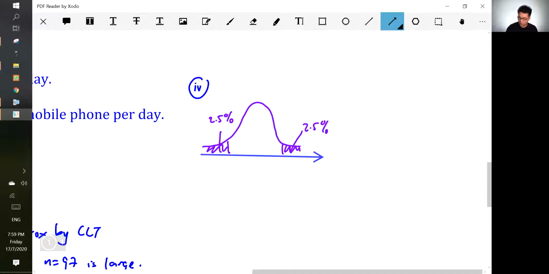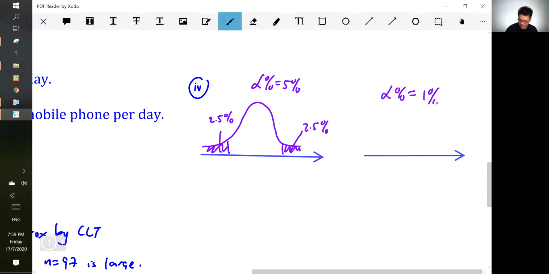The question now is, if you change this test, this is the alpha percentage, 5%. When alpha is 1%, this curve would cut this side here, and this area would be smaller. So this is half a percentage, 0.5%. This part is 0.5%.